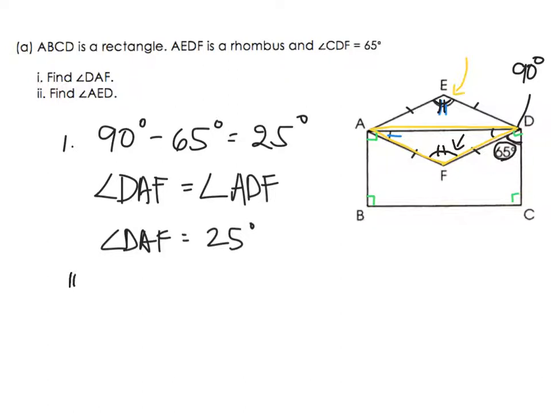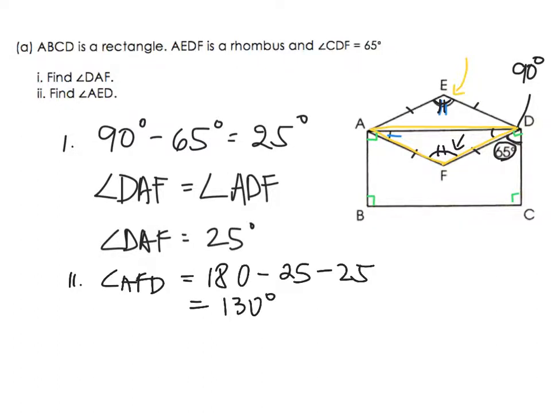So for number 2, we have to solve for angle AFD, which is 180 minus 25 minus 25, and that is 130 degrees.